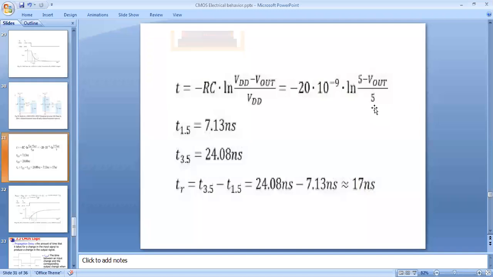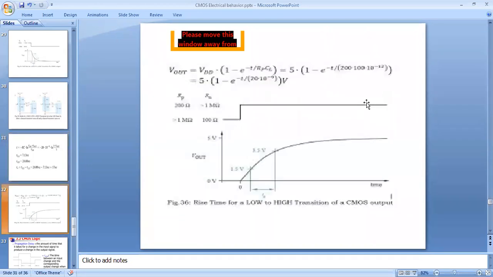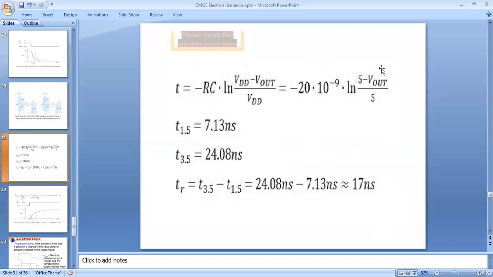Now take V out as 1.5 in one case and 3.5 in another case. Why? Already you observed this diagram: to calculate TR, we must know the times at 3.5 volts and 1.5 volts, so that is the range between 30% and 70%. Substitute V out once as 1.5 and once as 3.5.